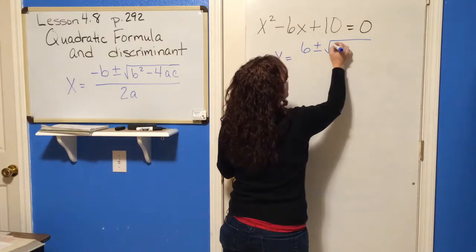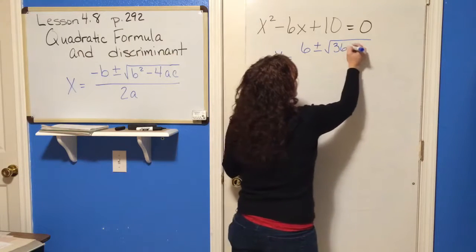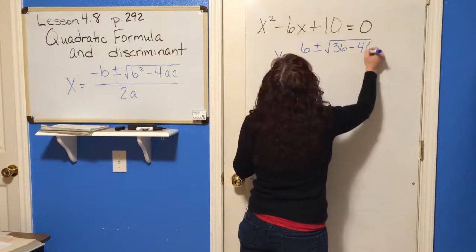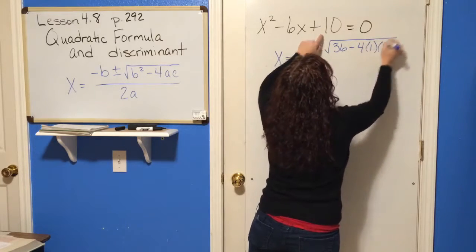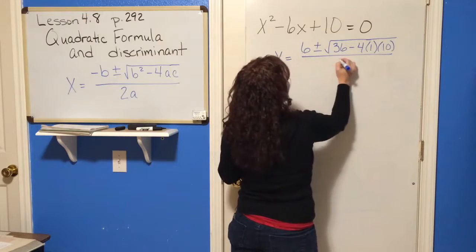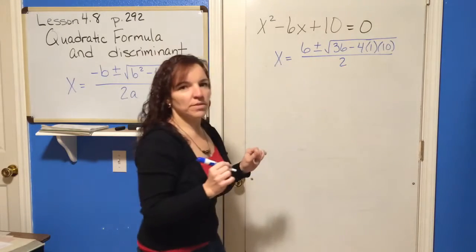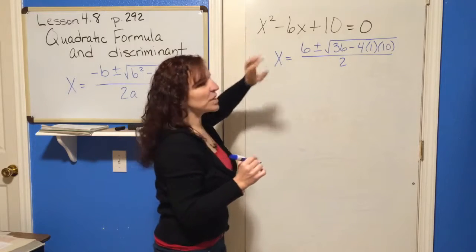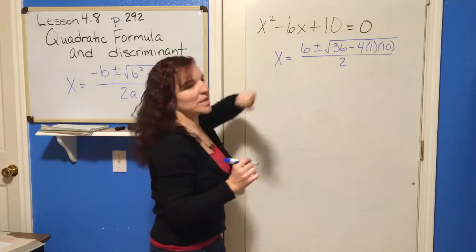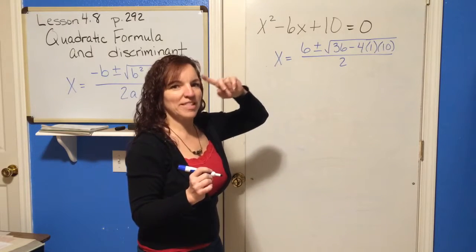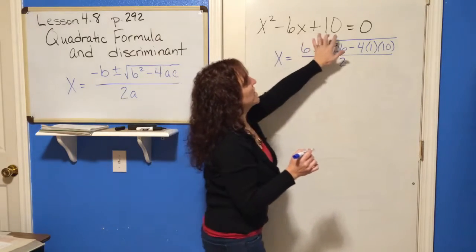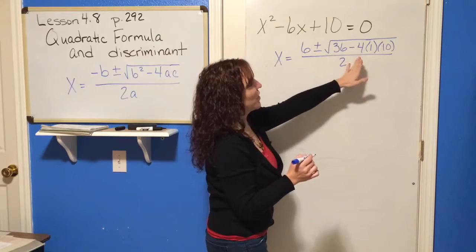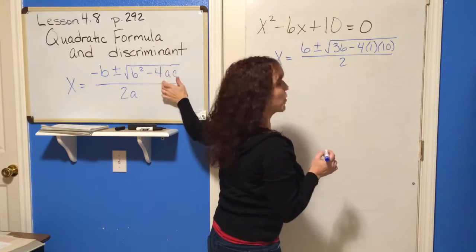So negative 6 squared is 36, minus 4 times a, which is 1, times c, which is 10, all over 2 times a, which is 1, so it's just 2. Now I hope you're seeing I'm going kind of quick because I'm expecting that you can see those a's, b's, and c's really easily. So the a is 1, b is negative 6, and c is 10. And that's where I got those numbers to put straight into this formula.